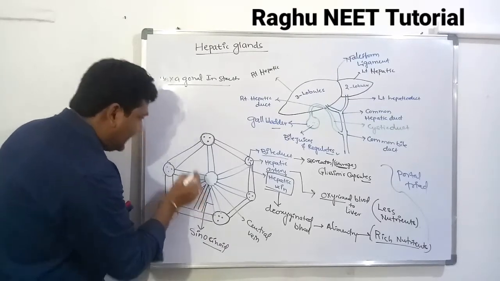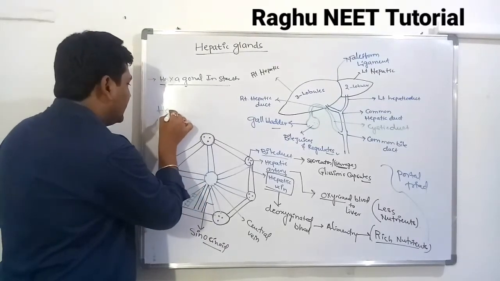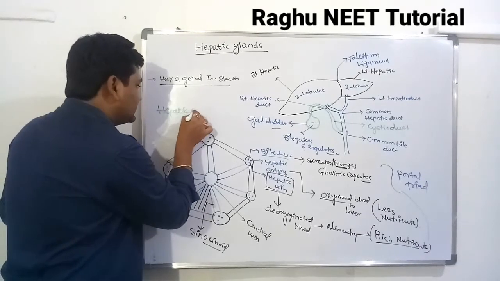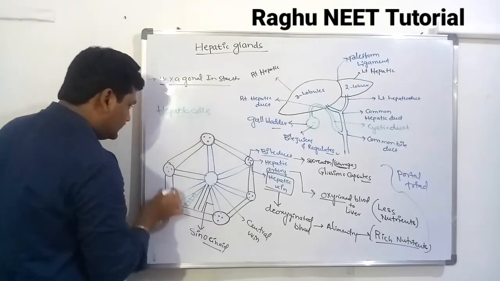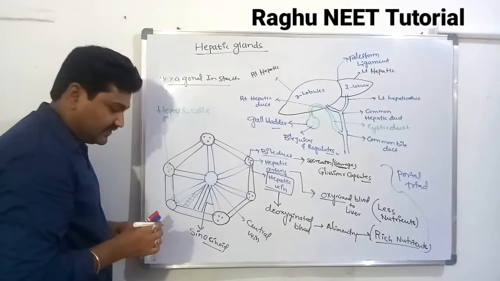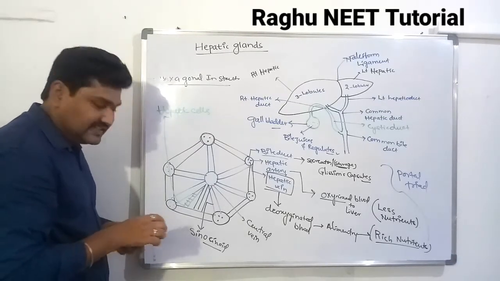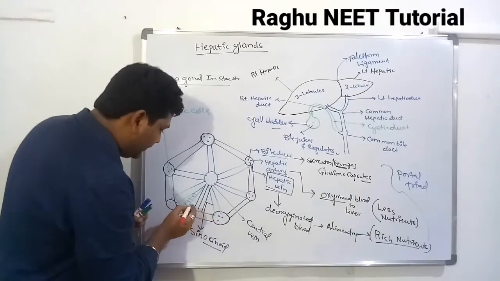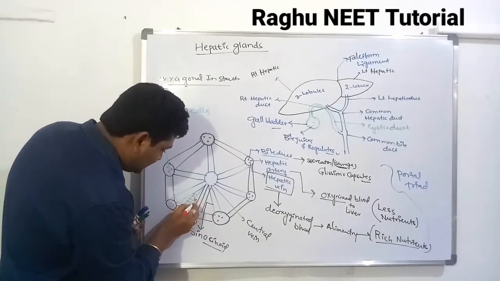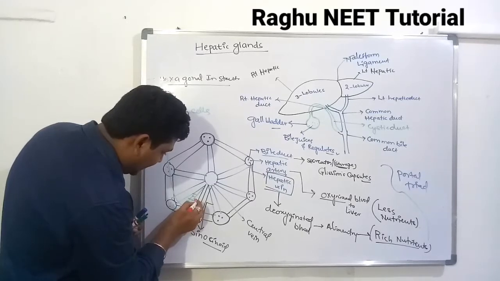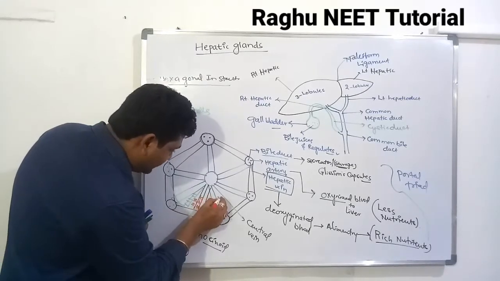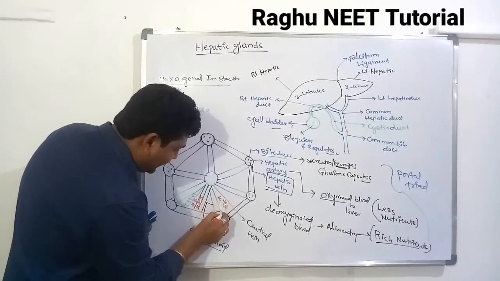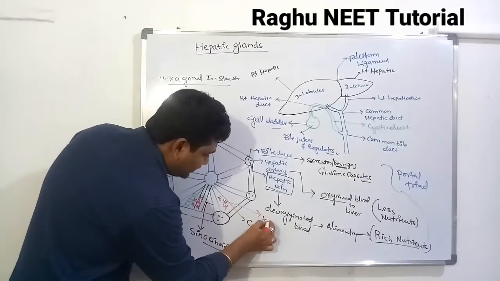These cells are called hepatocytes, the hepatic cells. In between the hepatic cells, star-shaped cells are present. These star-shaped cells are known as Kupffer cells.